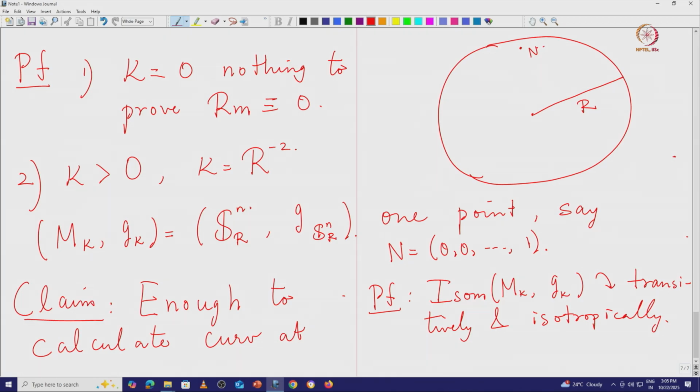So around the north pole, notice that the sphere can be thought of as a graph of a certain function.